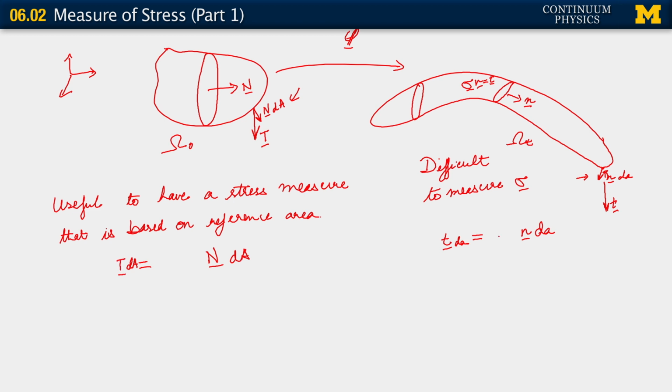So here, in the case of the current configuration, we know that the relation is through the Cauchy stress sigma. Likewise, in the reference configuration, it's got to be through some sort of a transformation, just going by Cauchy's theorem. Let's give it a different symbol P. Okay. What we are requiring is, again, this idea of dead loading.